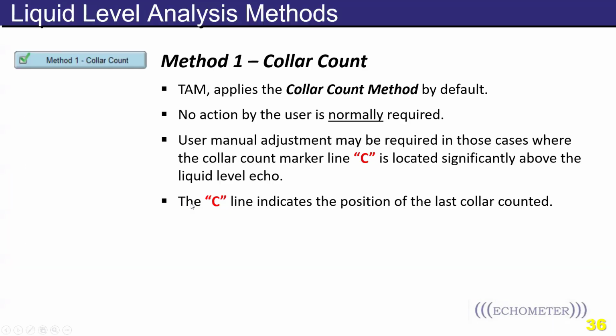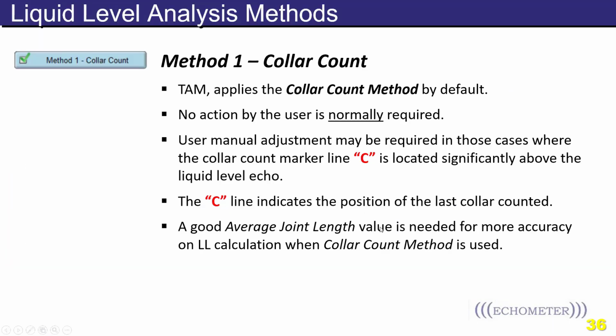So going back to the presentation, that's what I just said. The C line indicates the last color counted, and in this method I think it's important to highlight that the average joint length is a value that needs to be as accurate as possible when you are using the color count method.